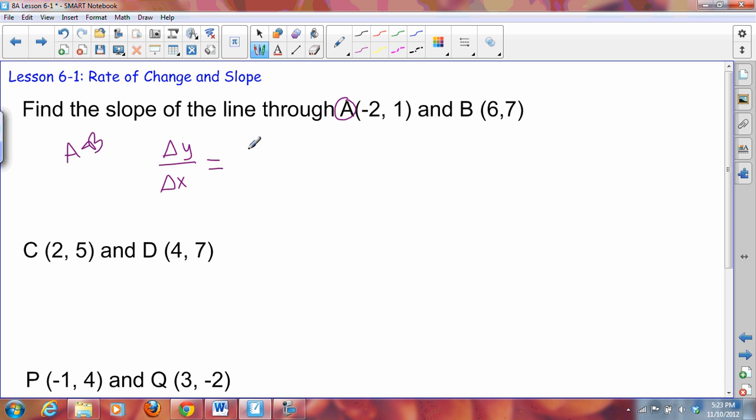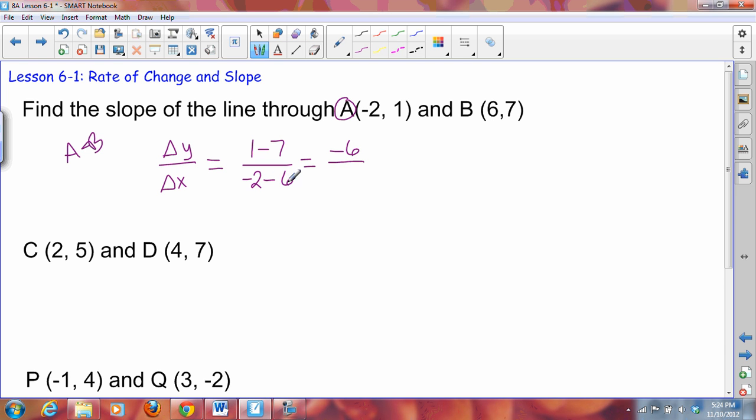Okay, so my y coordinate is 1, and I'm going to subtract my other y coordinate, which is 7. That's on top. And I'm going to start with A again, negative 2, and I'm going to subtract 6. So that gives me 1 minus 7 is negative 6.